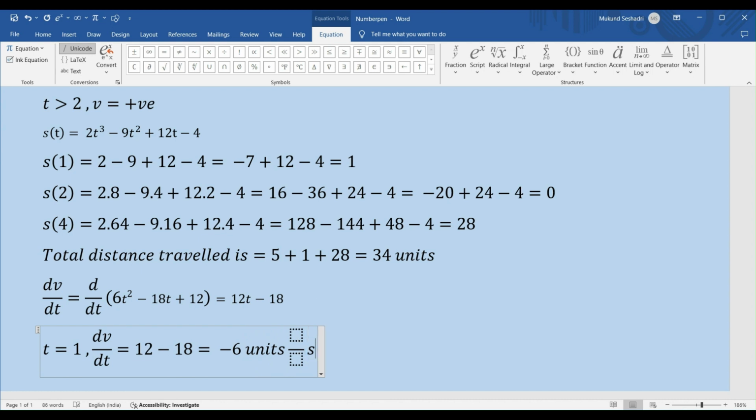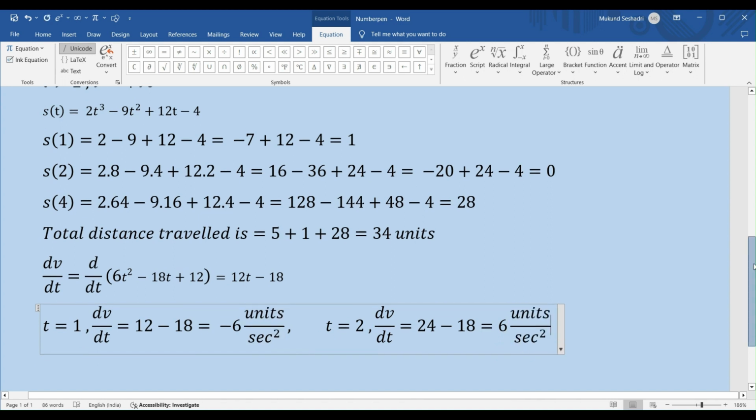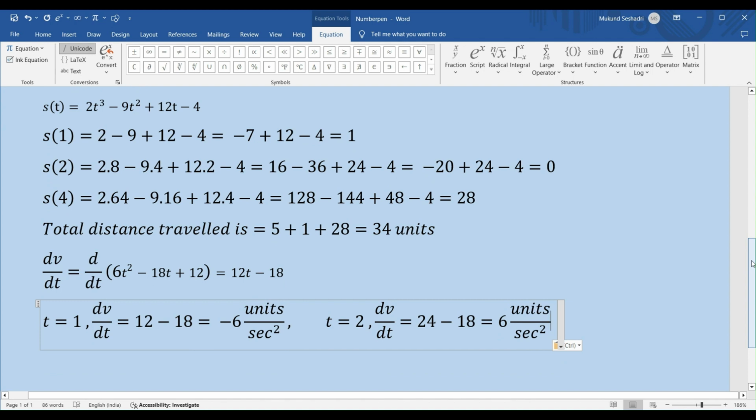And similarly, when t equals 2, we have our acceleration dv by dt equals 24 minus 18, which is your 6, right? So you can very clearly see that your instantaneous acceleration when t equals 1 is minus 6, and when t equals 2 is a plus 6, right?